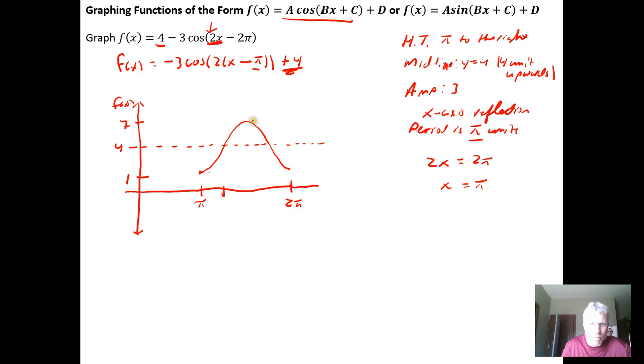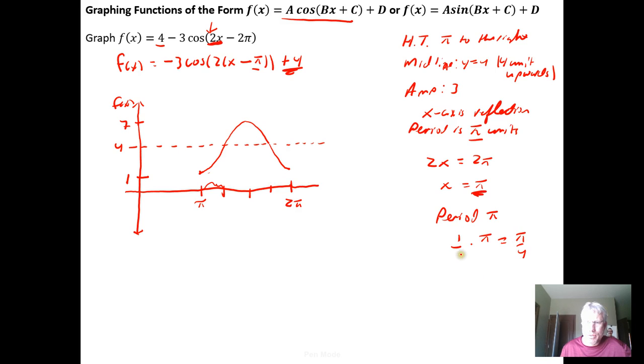And the tick marks, they're nice and even. So there's crossing the midline, high point, low point, midline, high point, midline, low point. So if the period is pi, then the distance between two tick marks should be 1/4 of pi, because we're breaking it into 4 even-sized chunks. So that's just pi over 4.